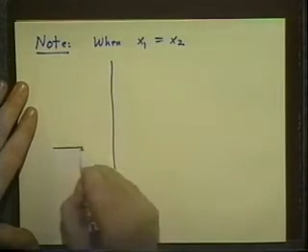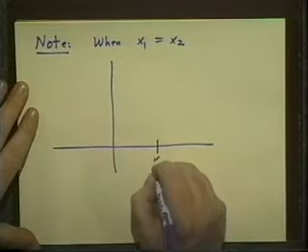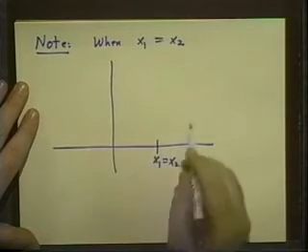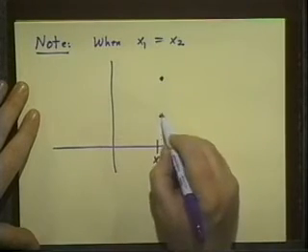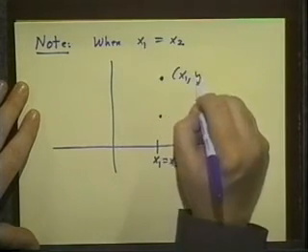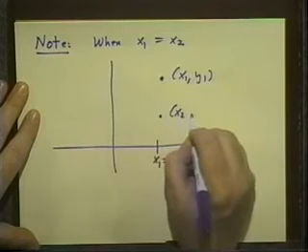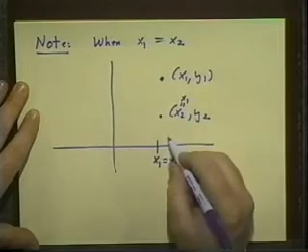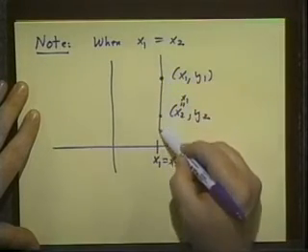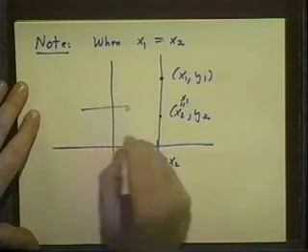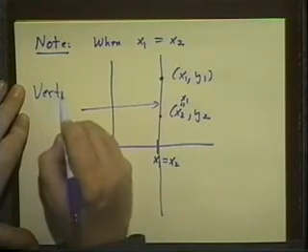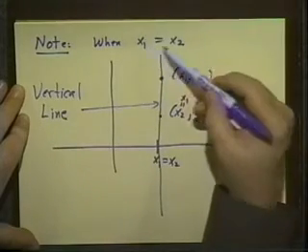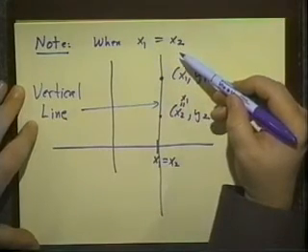If we have a picture like this, and this is that point x1, which is the same as x2, so that's the same x value, then if we have 2 points that have coordinates x1, y1, and x2, y2, and x1 and x2 are the same, then we have a line that's vertical. That's a vertical line. That's what happens when x1 and x2 are equal.